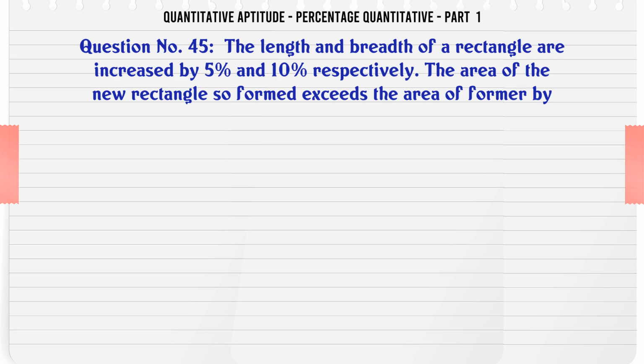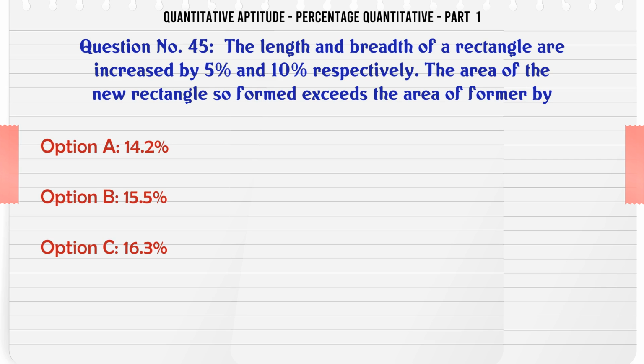The length and breadth of a rectangle are increased by 5% and 10% respectively. The area of the new rectangle so formed exceeds the area of the former by A. 14.2%, B. 15.5%, C. 16.3%, D. 18.5%.